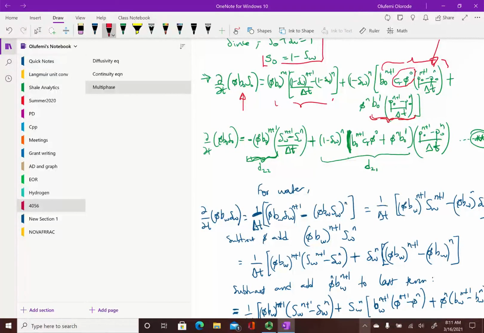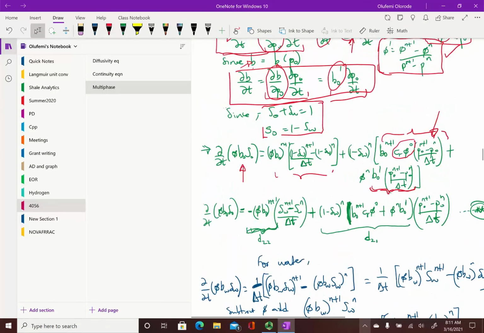The final step here is just to rewrite it in this form where we have evaluated 1 minus SW. So what we did was to replace S naught with 1 minus SW. And then the negative sign shows up in front here because this will become SW at n minus SW at n plus 1. And we still want to maintain it in this form, so we put the minus out here. And the other term remains the same.